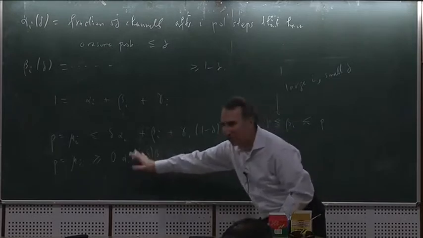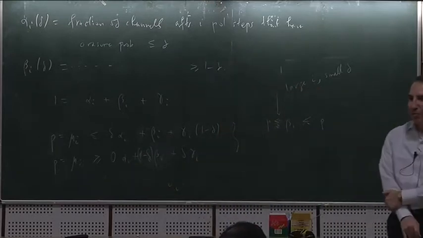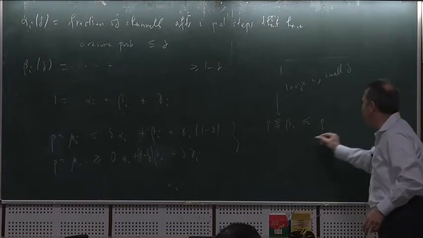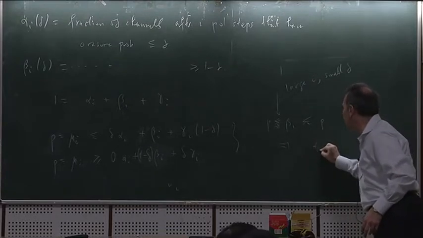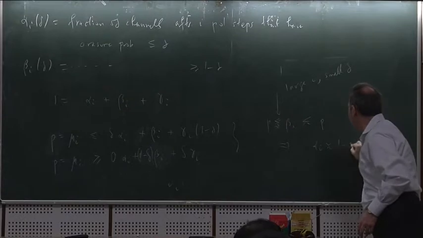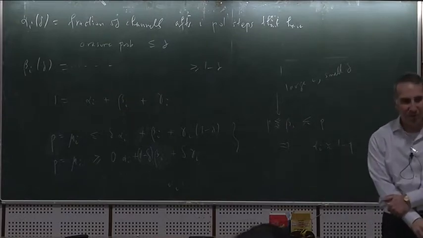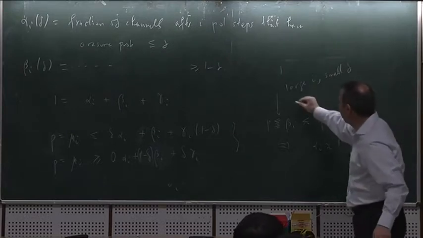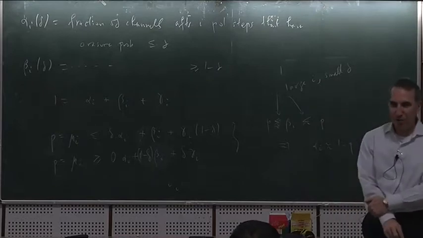I is large, these are essentially 0. So we get an upper bound on delta as being that. Consequently, alpha is also close to 1 minus p. So if beta is close to p, alpha is close to 1 minus p because they sum to 1.